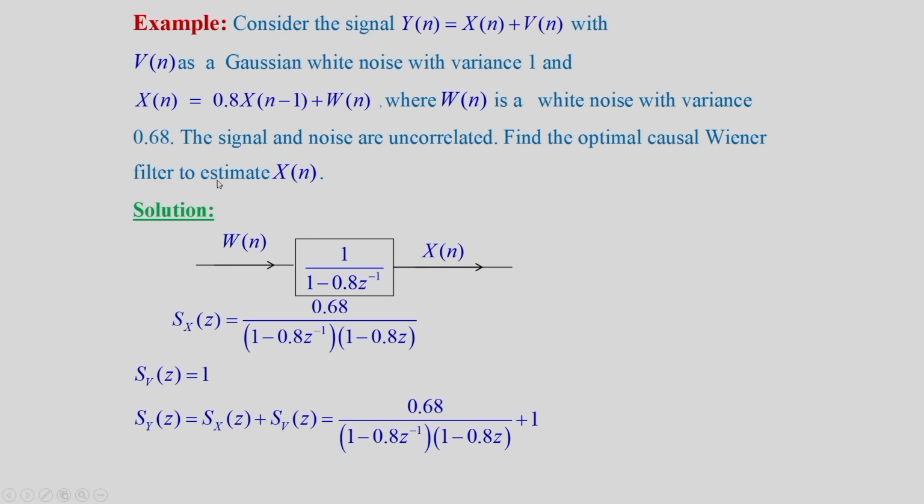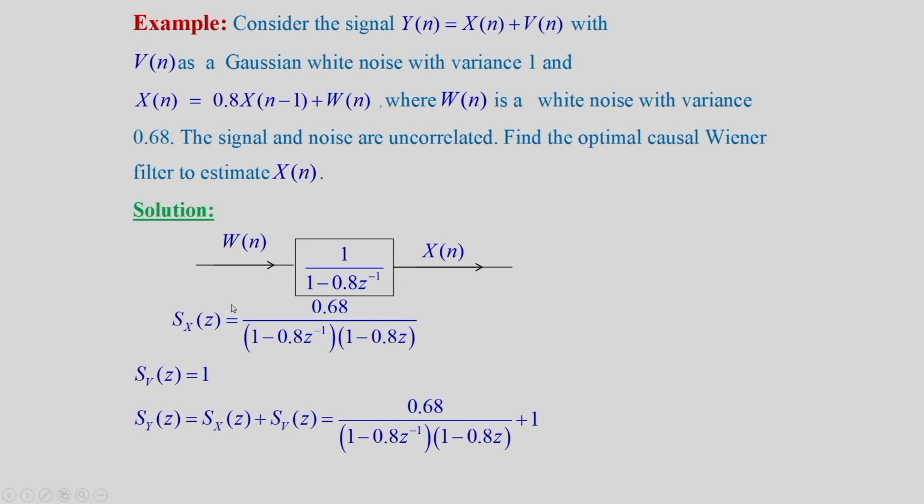So first we will see what is the power spectral density of x(n). This is an AR(1) model: you are passing w(n), that is the white noise, through the filter 1 by 1 minus 0.8 z inverse, and we will get x(n), that is the WSS output.